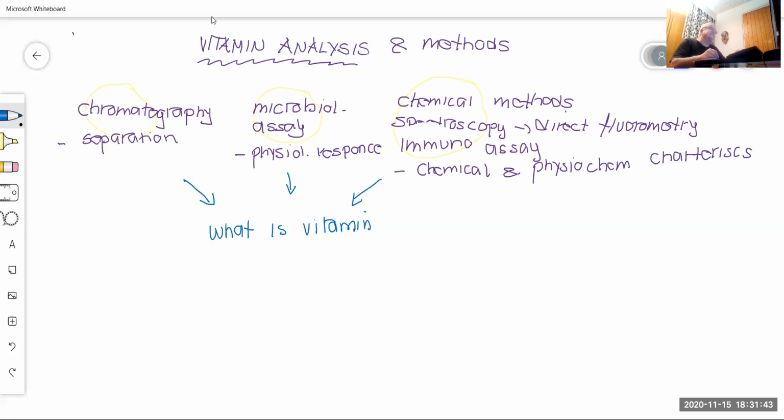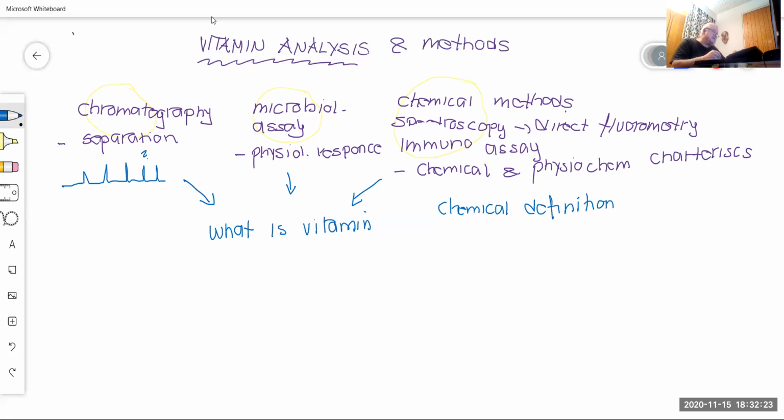You can make here chemical definition, you have certain chemical structure, or in chromatography you can separate different compounds. So is that vitamin? Or you have this physiological response.